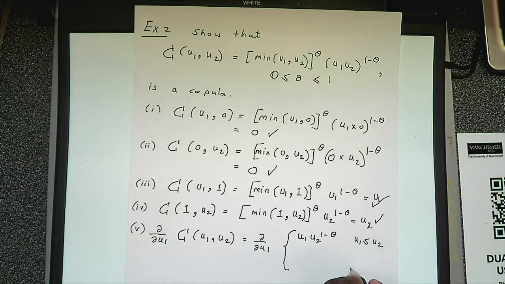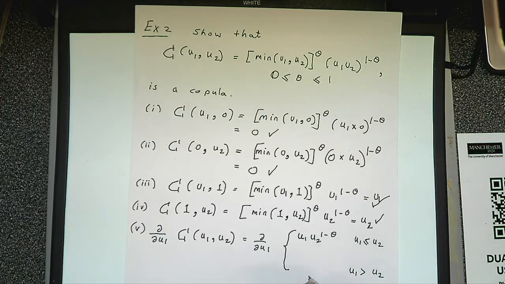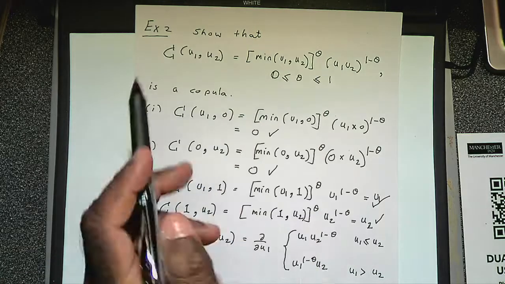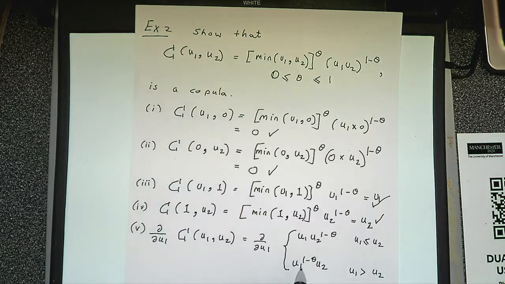And if u1 is greater than u2, the minimum will be u2, right? So if you do the working, it will be like this. Okay? You follow me? I mean, you should just do the math for this. You will get one of these depending on whether u1 is less than or equal to u2 or u1 is greater than u2, right?